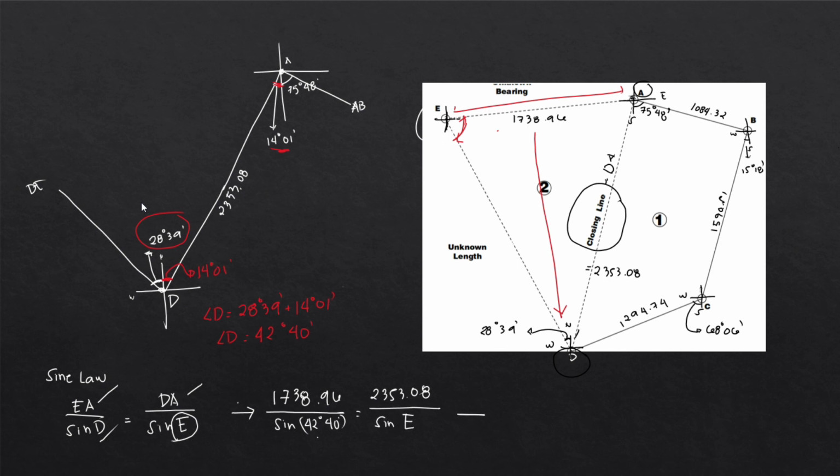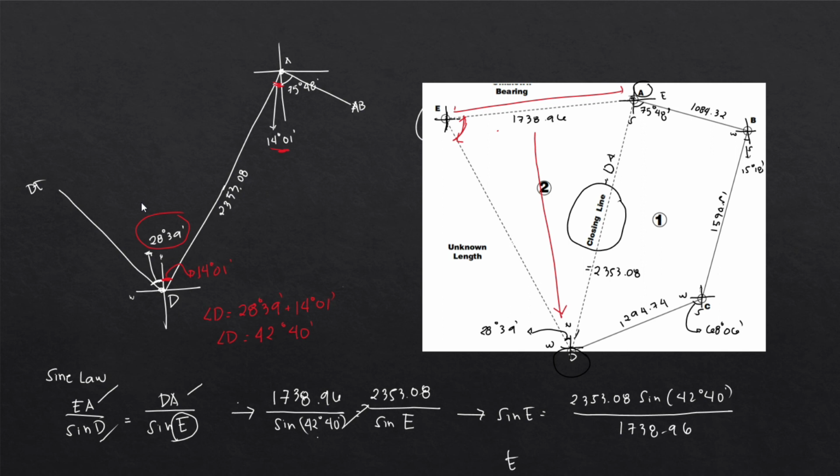Okay, so pwede na natin makuha yung E ngayon is equal to cross multiply lang. So meron tayong, sige, sin E is equal to 2,353.08 times sin, ito, cross multiply doon. So meron tayong sin 42 degree 40 minutes over yung 1,738.96.